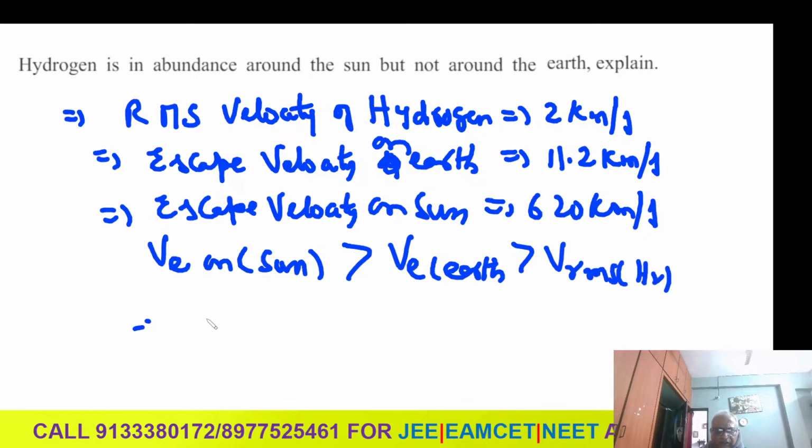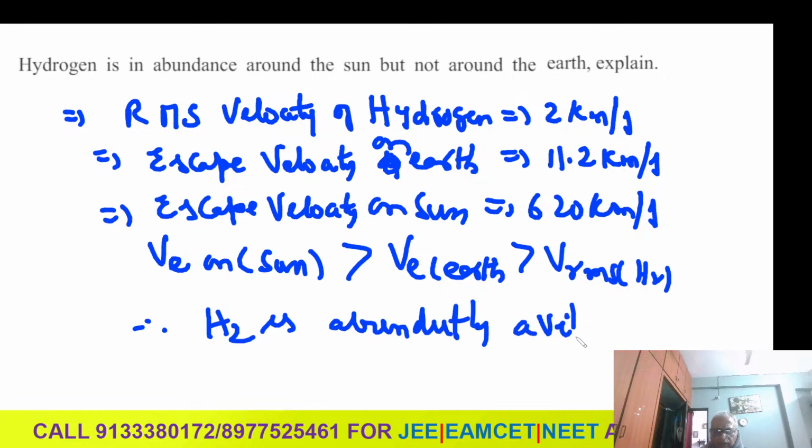Therefore, because it is difficult to escape from the sun, hydrogen is abundantly available on the sun compared to the earth.